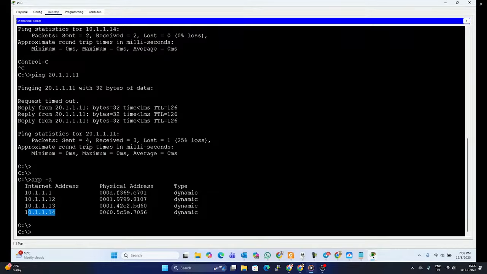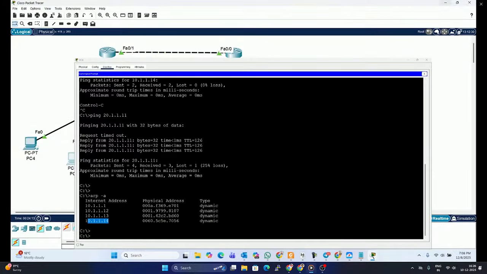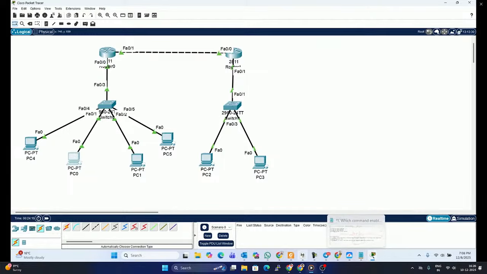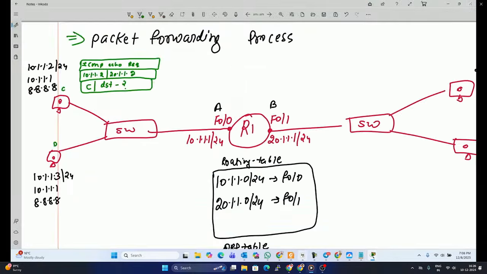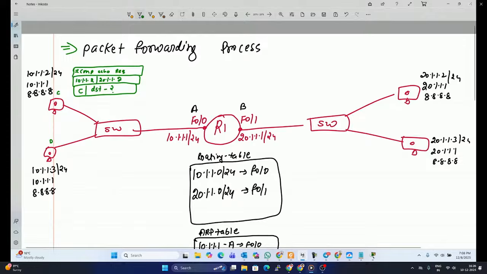Whenever you reach different networks, you always send an ARP request for the default gateway. You never know the MAC addresses of the machines. So if you don't know the MAC address of the destination, you're never going to generate an ARP request for that IP. You'll generate an ARP request for the default gateway and you'll get the response.